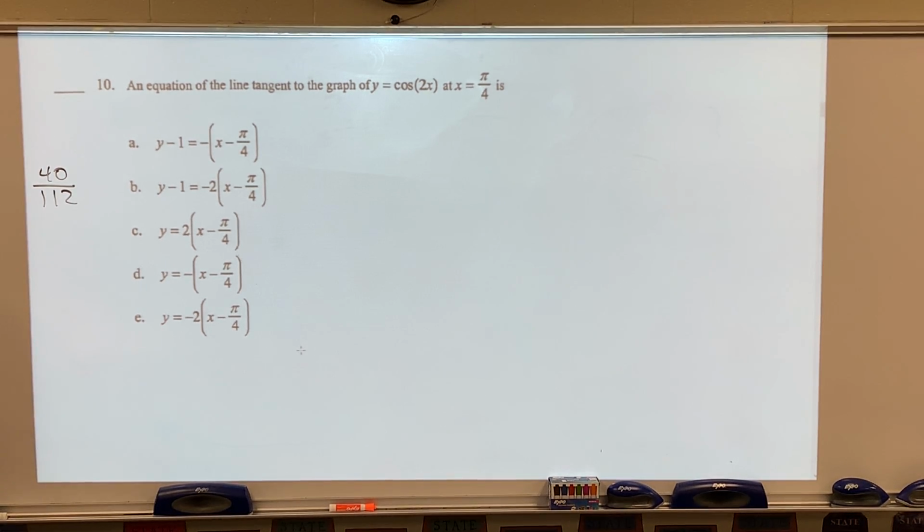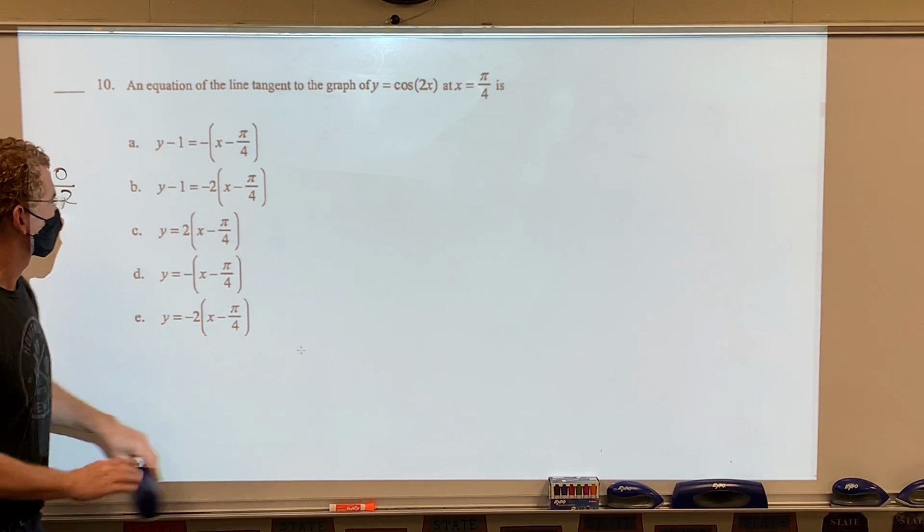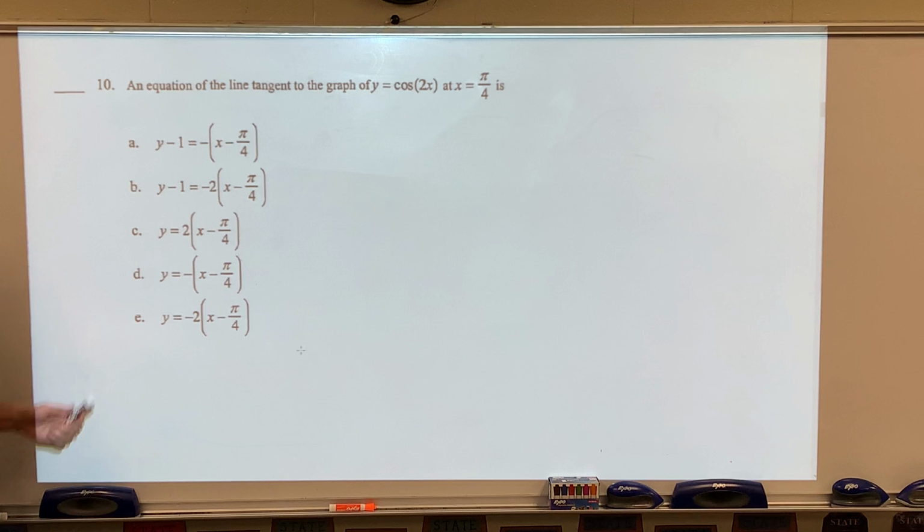So you're halfway to a 3 if you knew everything that we've talked about so far. And a 5 is like a 70 out of 112. Still lots of room for mistakes and still get a 5.